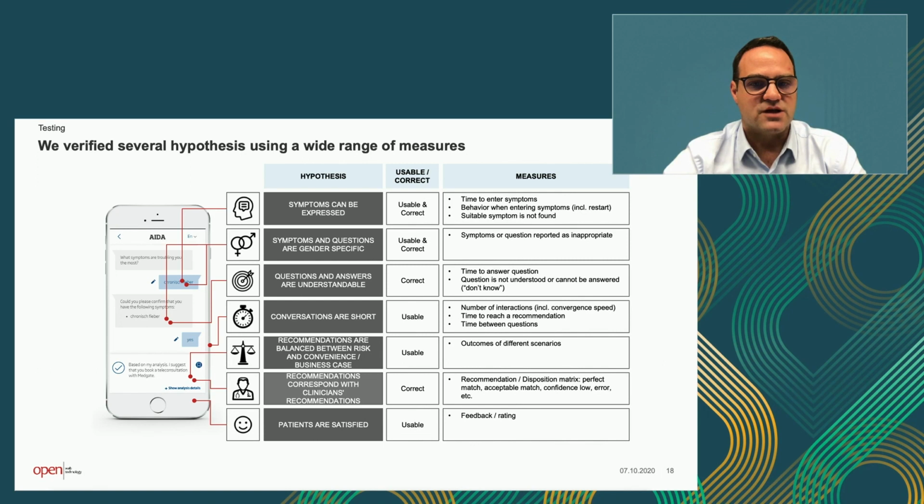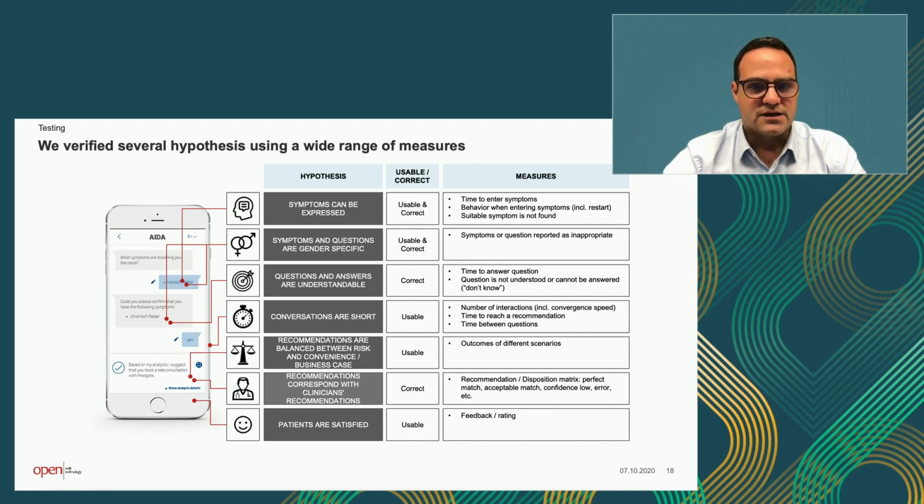The conversation has to be short. If you need to ask 100 questions, then you will lose the patient. He will never finish the process. Even though if you ask these 100 questions, your algorithm will be very precise, very accurate, you cannot do it in the real world. Also, between the ideal world and the real world, there are some differences in terms of risk management.